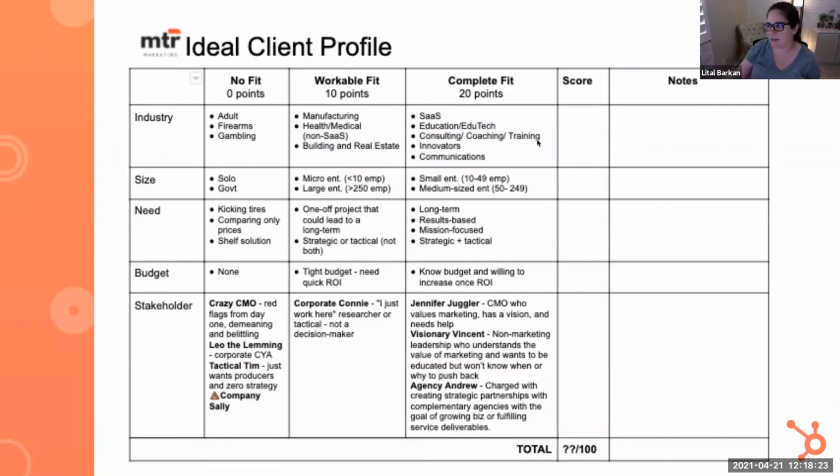SaaS companies, education and edutech, anybody who's really an innovator in their field. So as we get to know our prospect, if they fit into this box here, they'll get 20 points on this line. There are also certain industries that we don't want to work with. Adult pornography, firearms, gambling. If they're in any of those, we give them 0 points on that line.